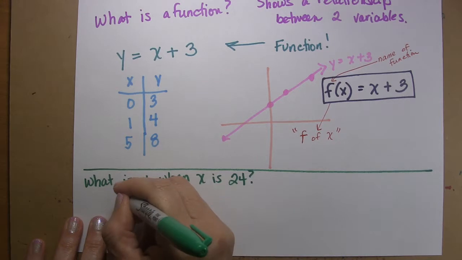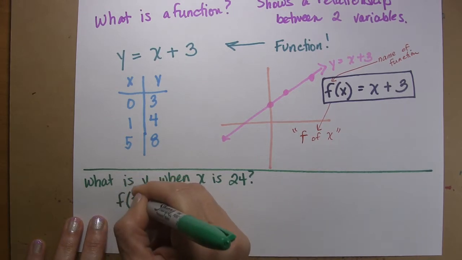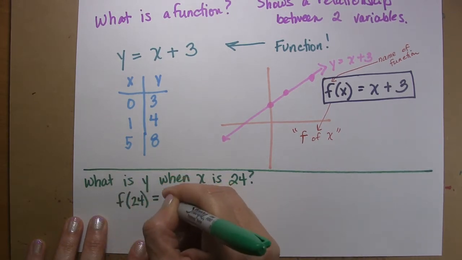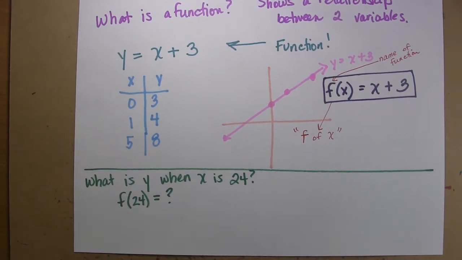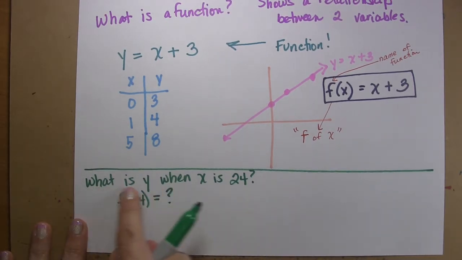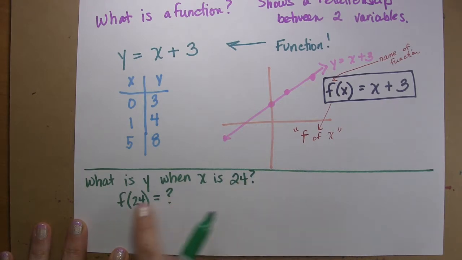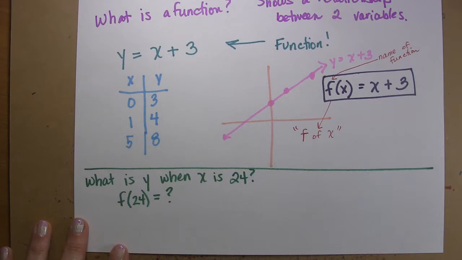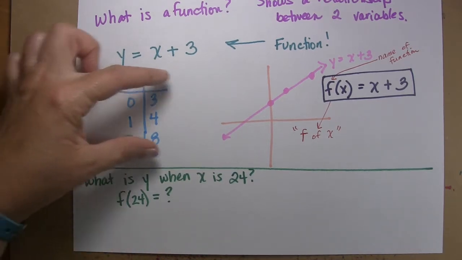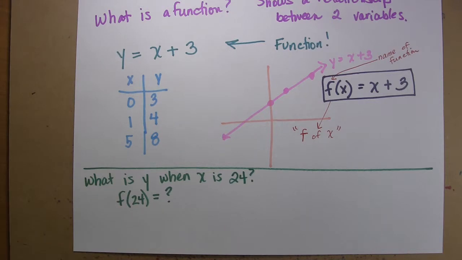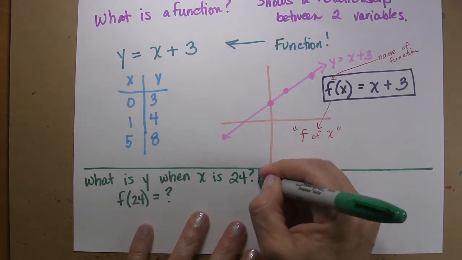But now you do. f of 24 equals what? That is this whole sentence shortened. f of 24 is what? So this allows us to ask questions about this relationship in a more efficient manner.